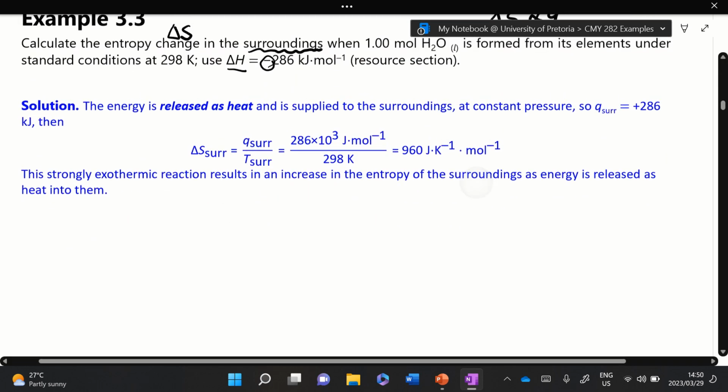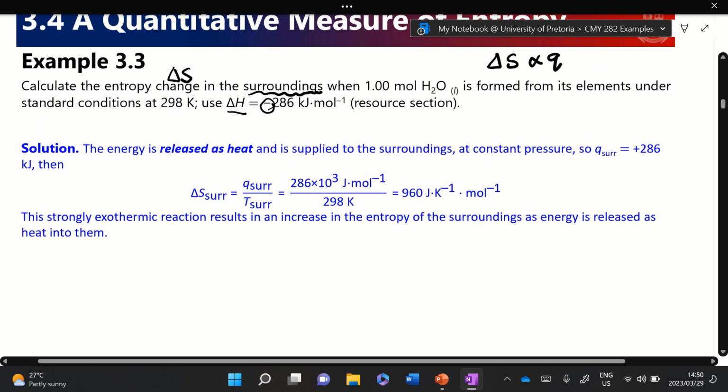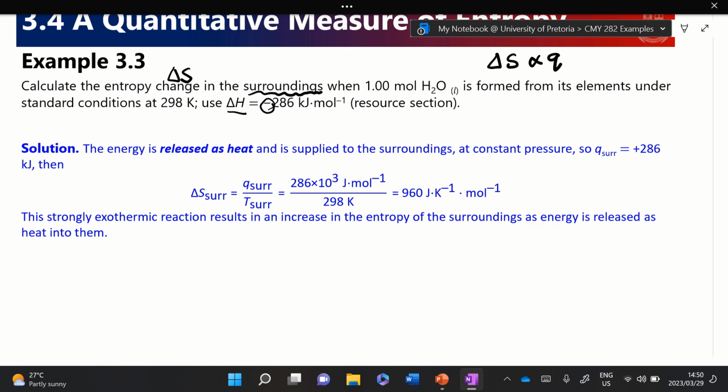and that is exactly what we see when we do the calculation, because using our equations, basically equation 3.5, which is this section of the question here, we use the definition of entropy, which is delta S is equal to the heat over the temperature, but we know in this case the heat is equal to the enthalpy, because that's the whole explanation I've just given you.